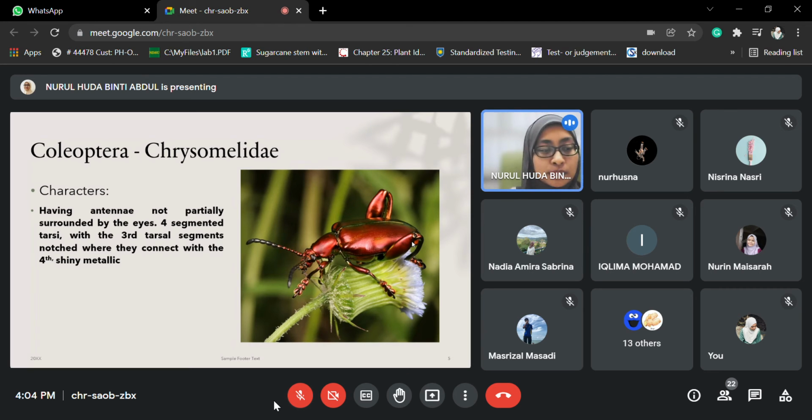Ada bentuk nak bulat tadi, yang ni bentuk this kind macam lain. But based on this picture, okay, so you can say that okay, this guy have shiny metallic and then the color is almost red kan, reddish brown. And then their foreleg, hind leg, femurs is very enlarged.